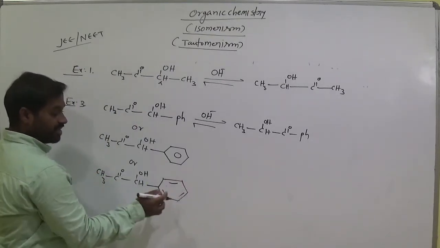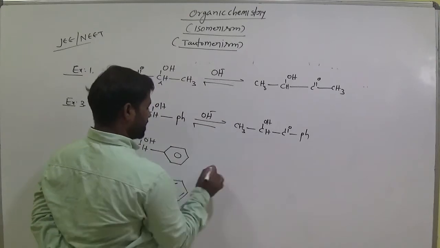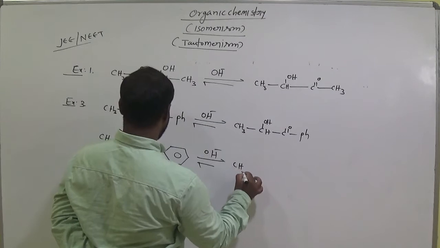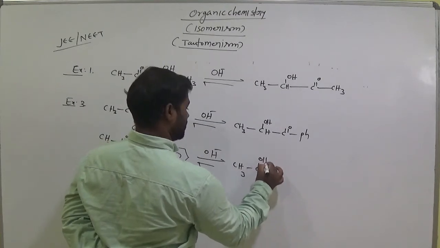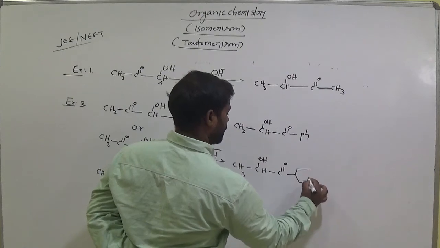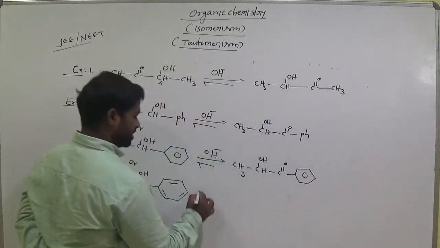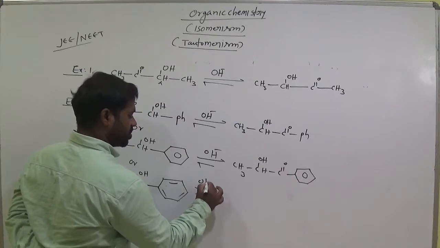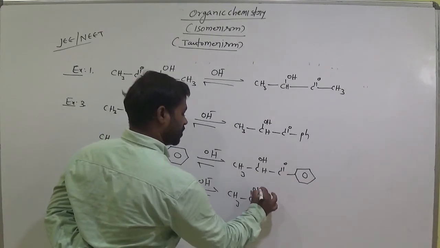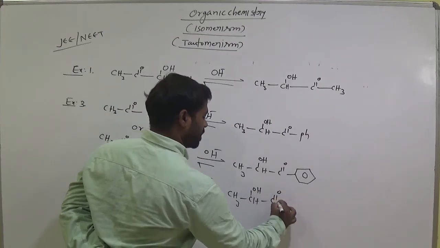Both rings are the same. So it gives this product. Suppose in the case of OH minus, here it is CH3, COHH, C double bond O, benzene ring. So in this case OH minus, CH3, CHOH bond C double bond O.